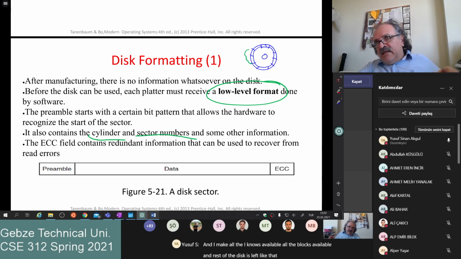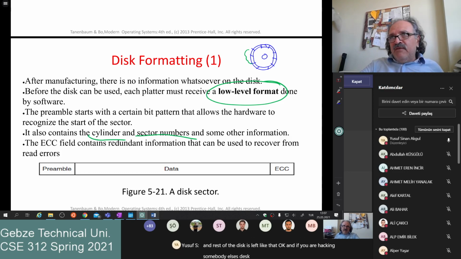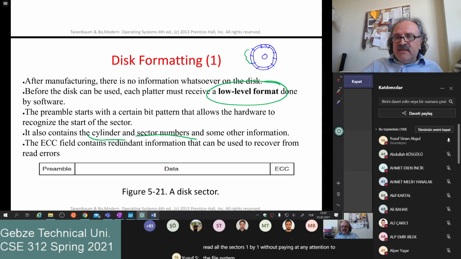And if you are hacking somebody else's disk, if you are doing quick formatting, not low-level formatting, all the data are just there on the disk, but it is not structured to be accessed. But if you read all the sectors one by one without paying any attention to the file system, you will see that all the old data is there.